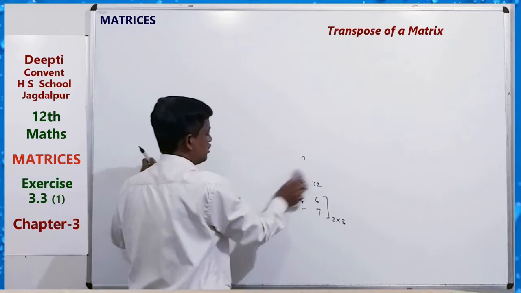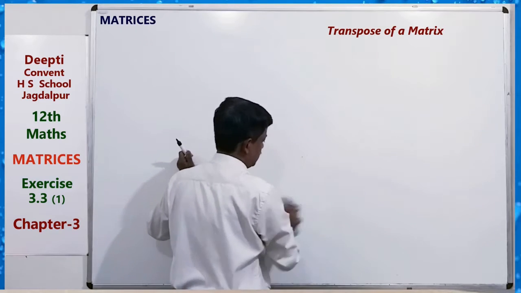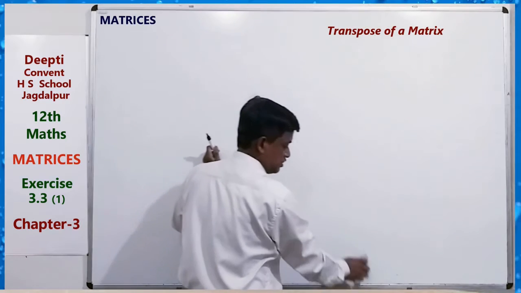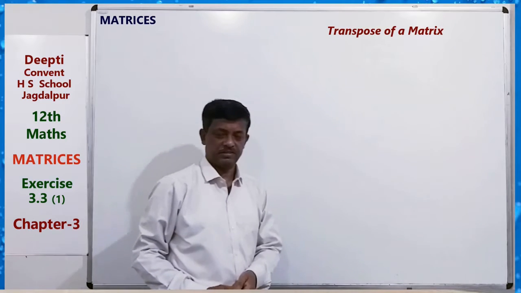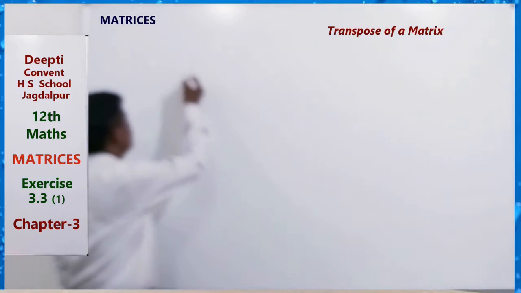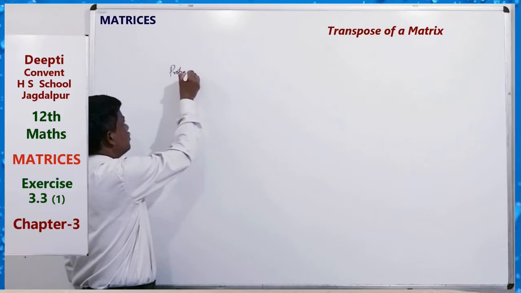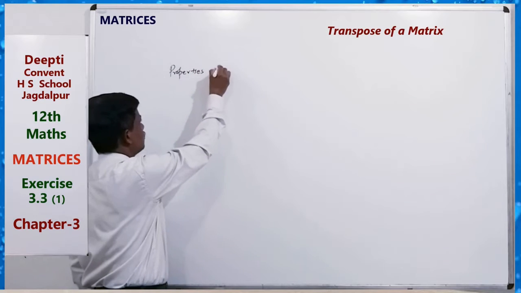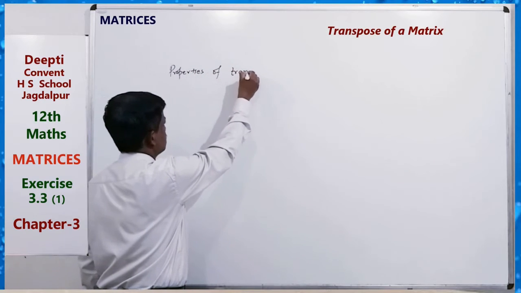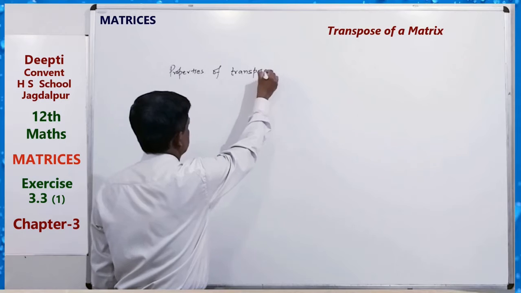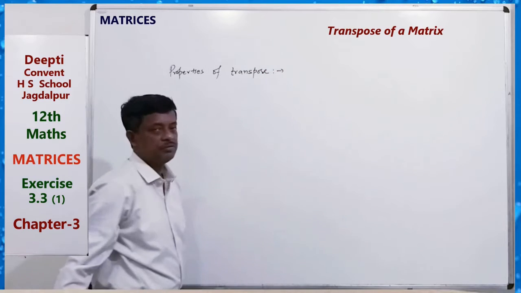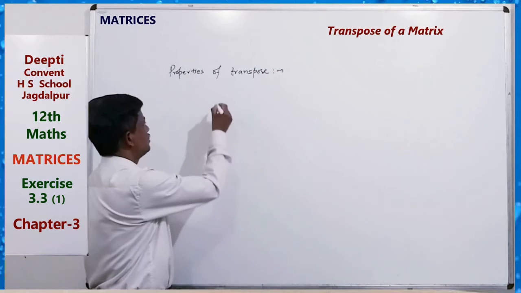It is not required to be a square matrix, because for any matrix A and B, some properties are there. Properties of transpose of a matrix.